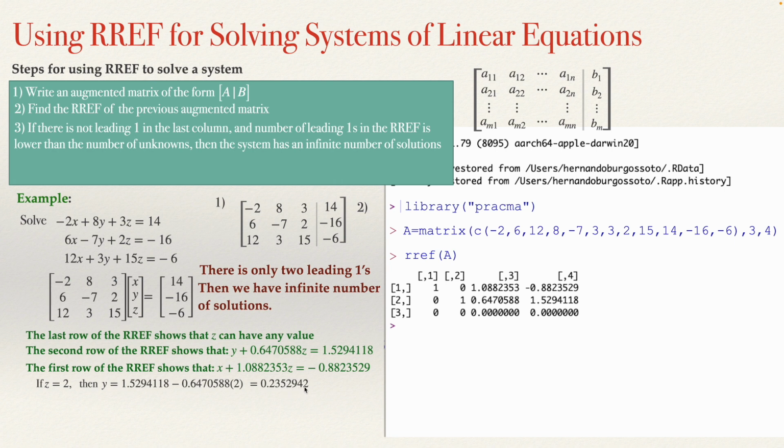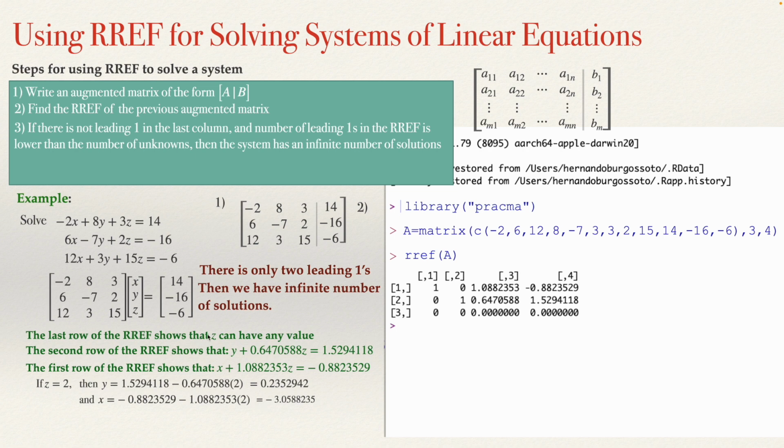0.2352942. And the value of x, if you make the substitution, multiplying this by 2 and making the subtraction here, minus 0.88235229 minus this, will be minus 3.058825. And that shows you how to find each of the solutions.